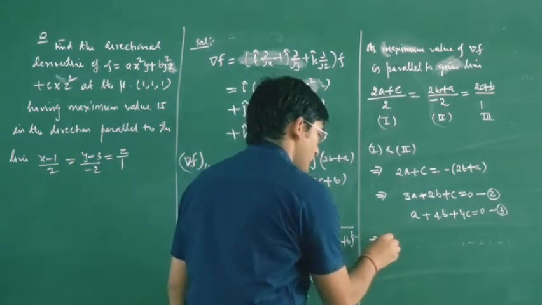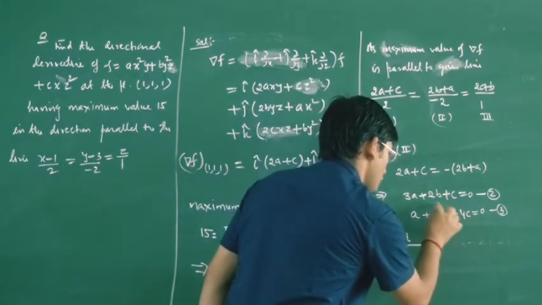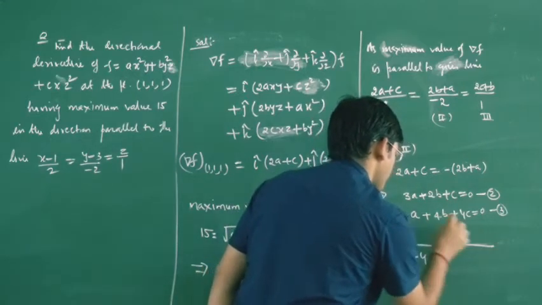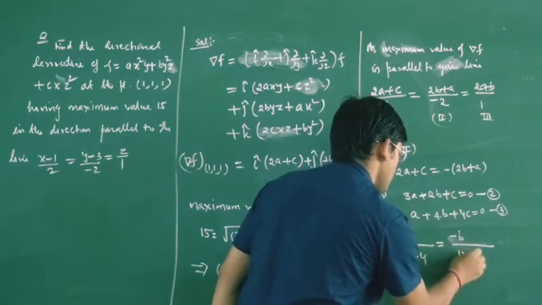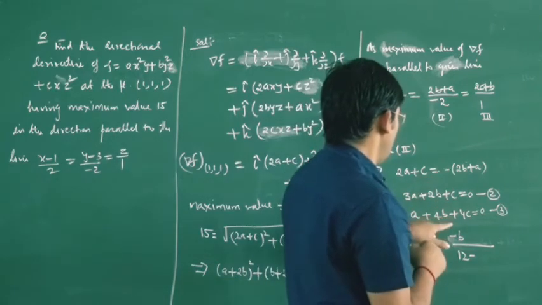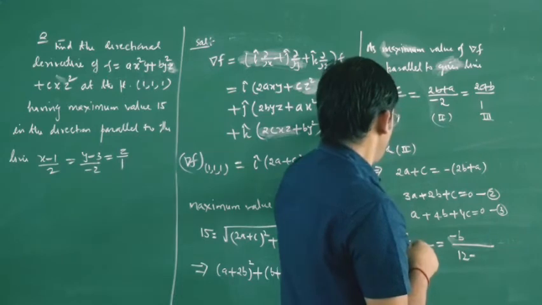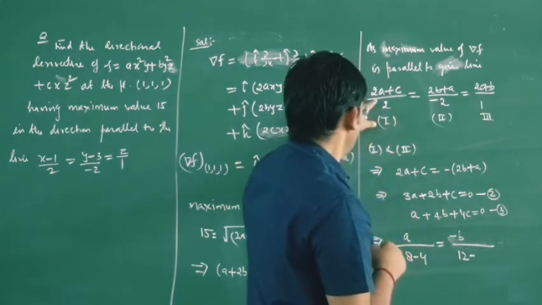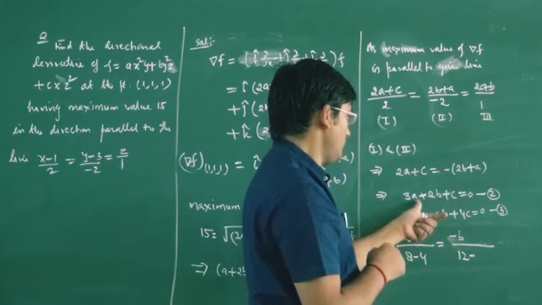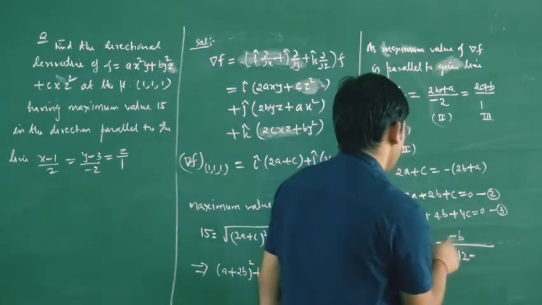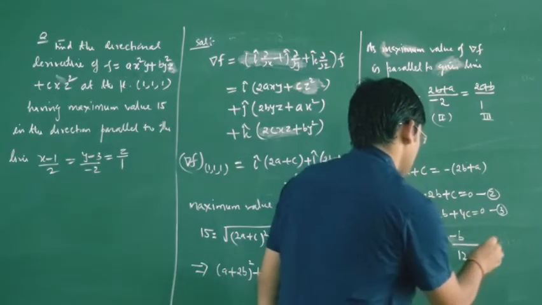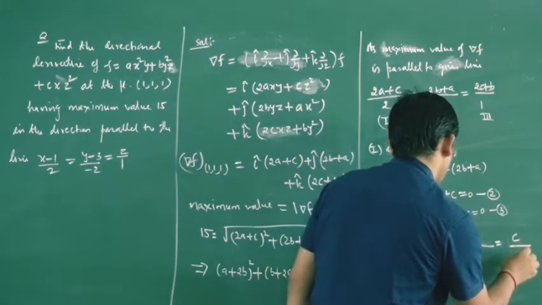Now the values of a, b and c are given by cross-multiplication: a will be 8 minus 4, then with the minus sign, b will be 12 minus 1, and then finally c upon 12 minus 2.